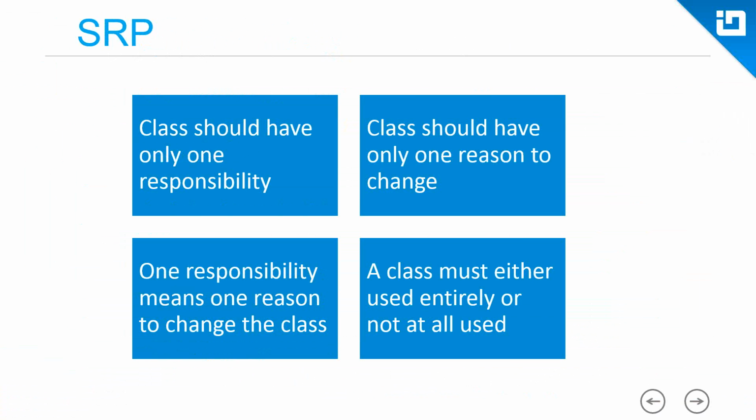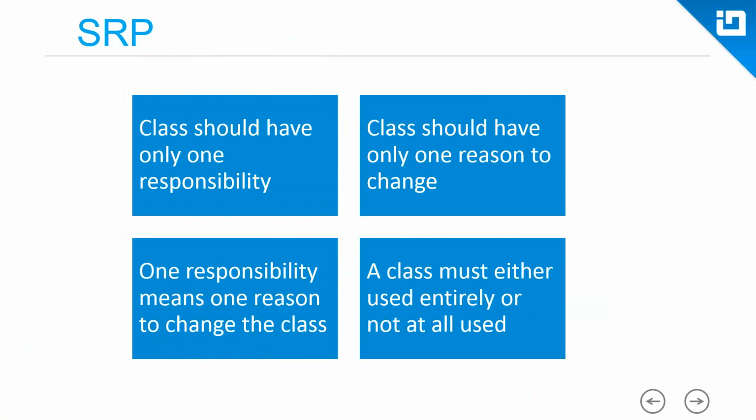So if your class has 2 responsibilities, it means your class got 2 reasons to change. If your class has only one responsibility, it means your class got only one reason to change. SRP also says that either a class must be used in its entirety or not at all. Okay, so this is single responsibility principle.